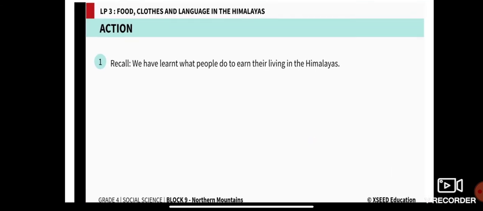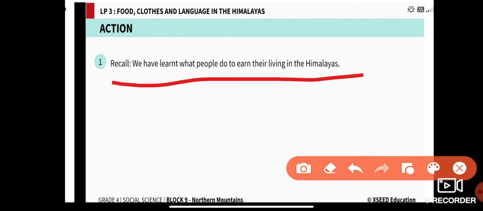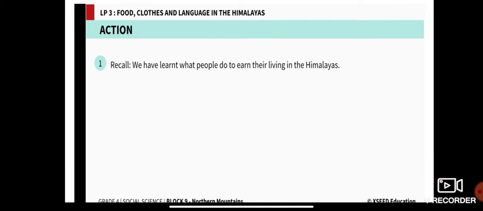Let us recall what we have learned about what people do to earn their living in the Himalayas. Try to remember that from our previous discussion.